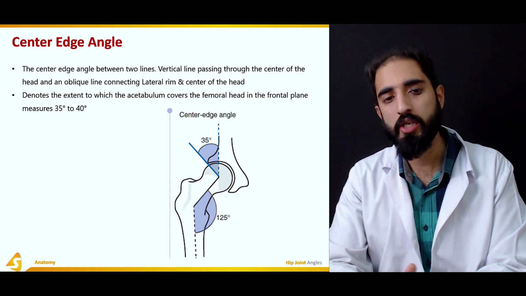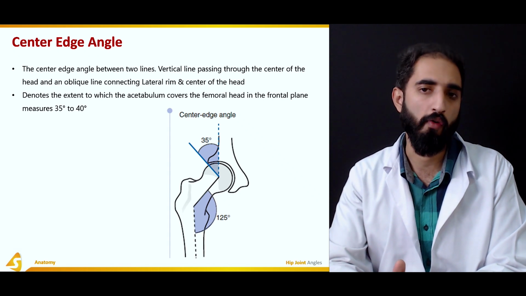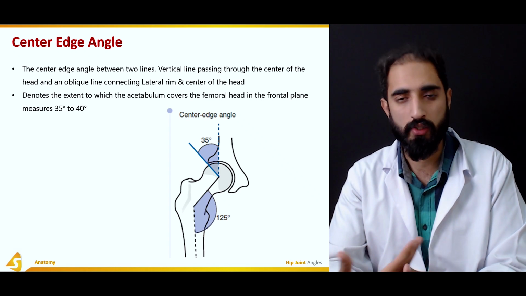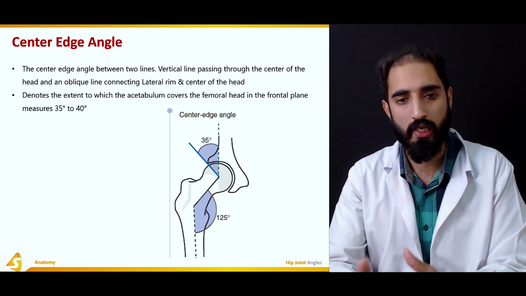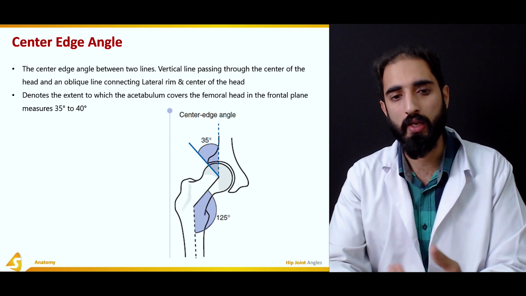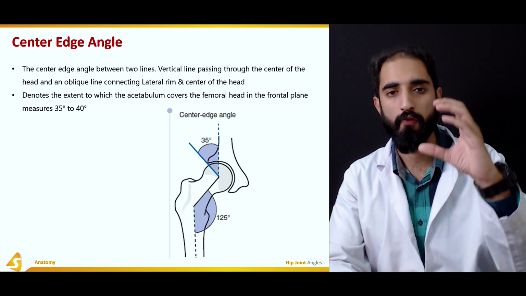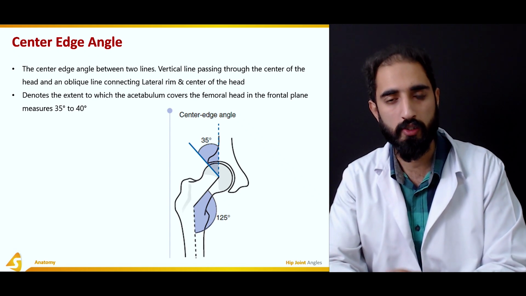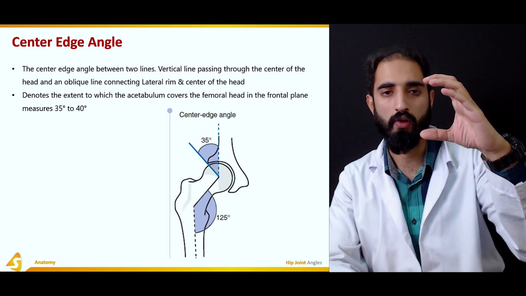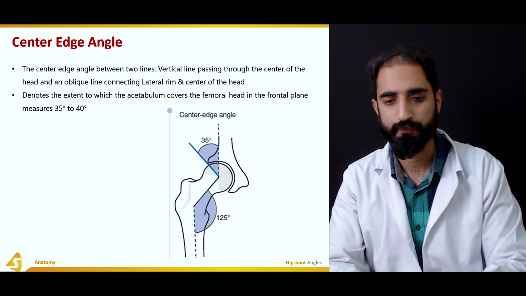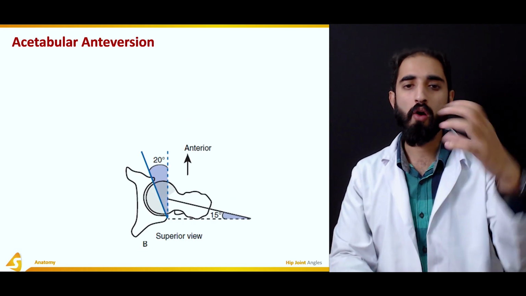The normal range for this angle is around 35 to 40 degrees. If it is less than 35 or greater than 40, then it means that there is an abnormal alignment of the acetabulum, because it needs to be in the range of 35 to 40 for normal downward orientation of the acetabulum. As we already discussed previously, the normal orientation of the acetabulum is outwards, downwards, and anteriorly.